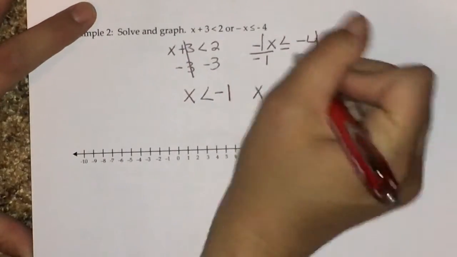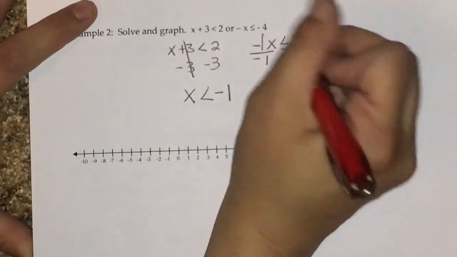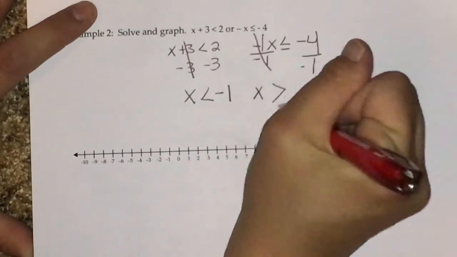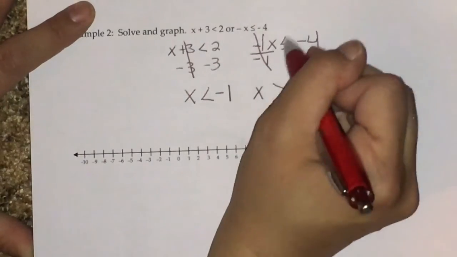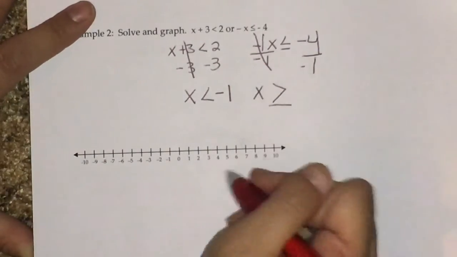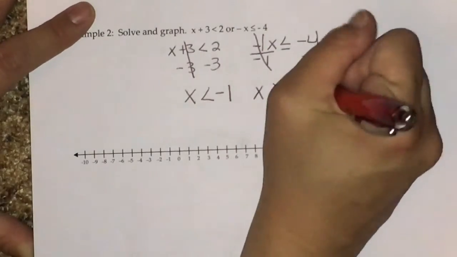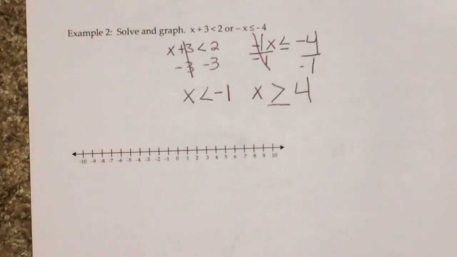Except, since I'm dividing both sides by a negative number, I need to flip my sign. So instead of less than or equal to, it becomes greater than or equal to. Negative 4 over negative 1 is 4.